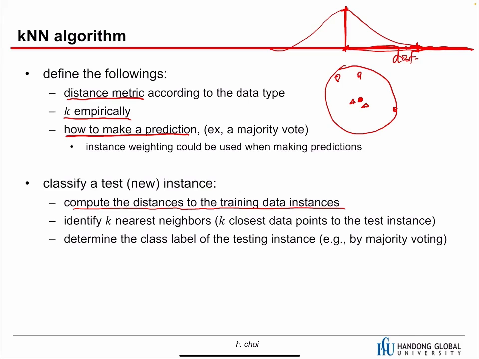That's a lot. And we have to identify the k nearest neighbors out of 1 million samples, finding the k closest data points to the test instance. Then we can use something like a majority vote, or some different kind of voting method.